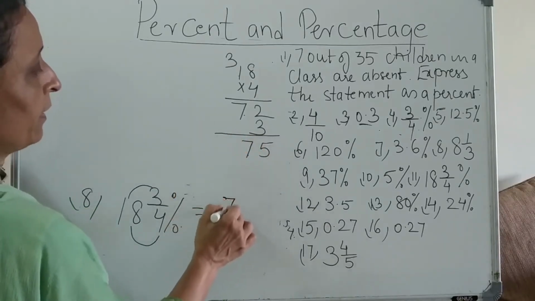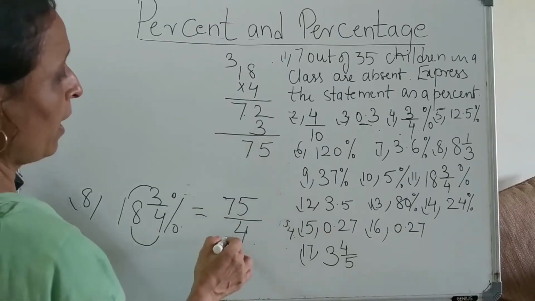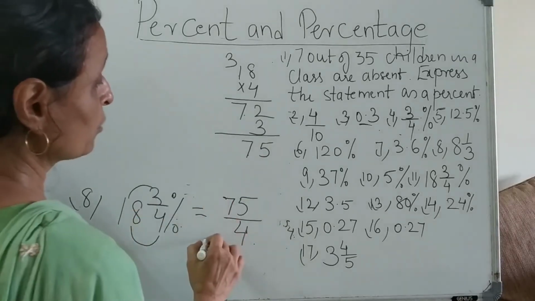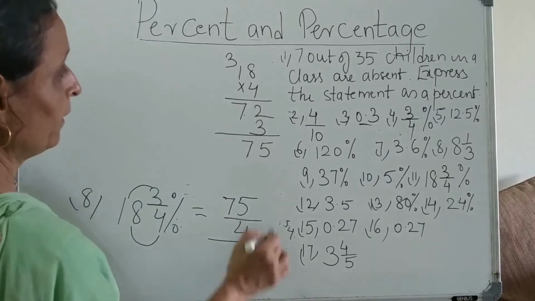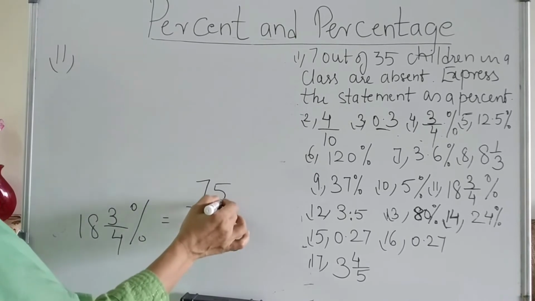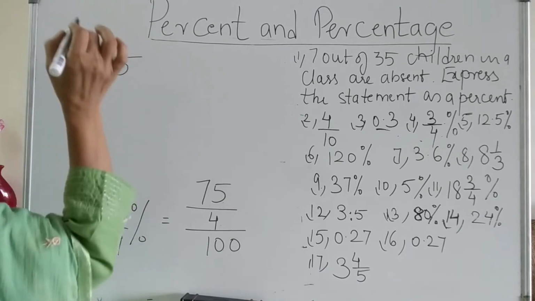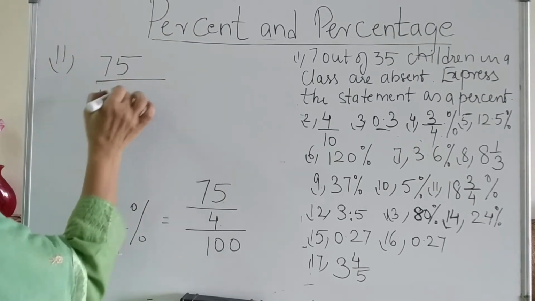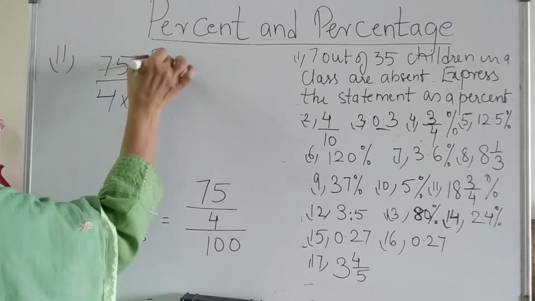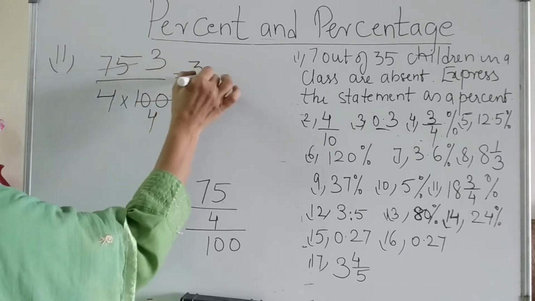This I can write as 75 by 4. So now I have to make it into fraction. So it has to be divided by 100. Now here 75 by 4 by 100. Now let us divide. 25 3s are 75, 25 4s are 100. So now what you get is 3 by 16.